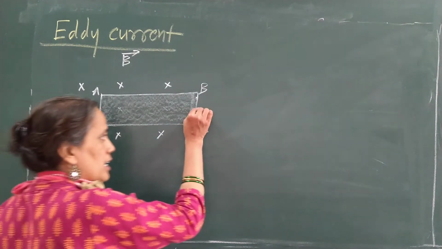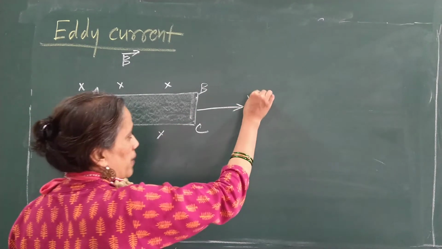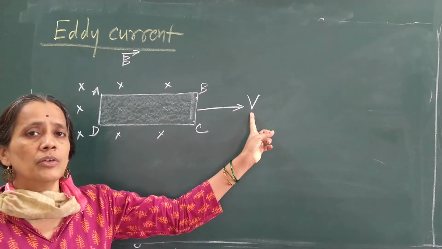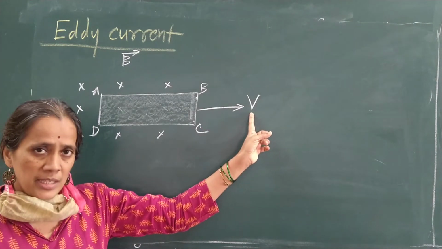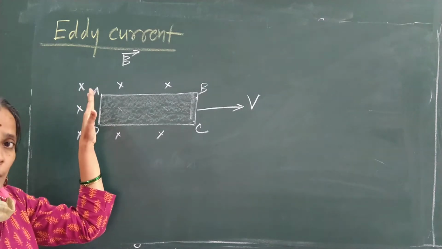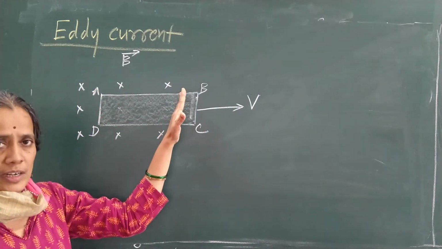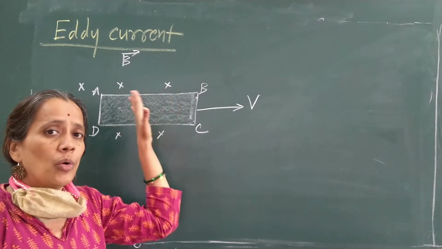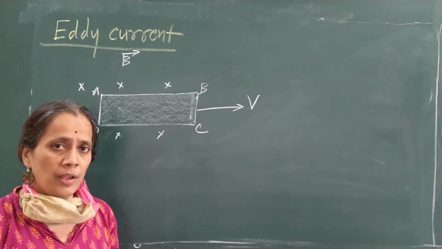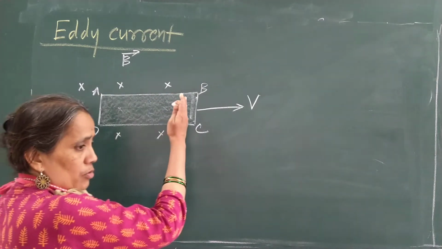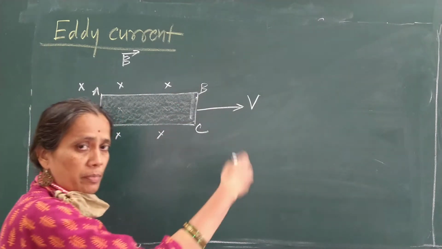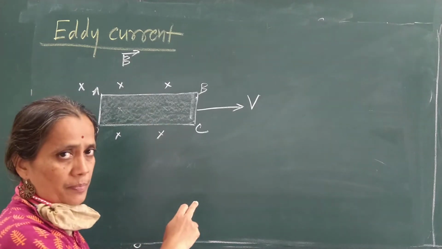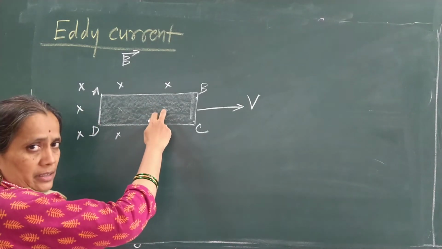But if I start moving this solid plate away from the magnetic field with certain velocity v, it means the area of the solid plate in the magnetic field goes on decreasing. So as the area in the magnetic field goes on decreasing, there is a change in magnetic flux, and due to that change in magnetic flux there will be a production of current.